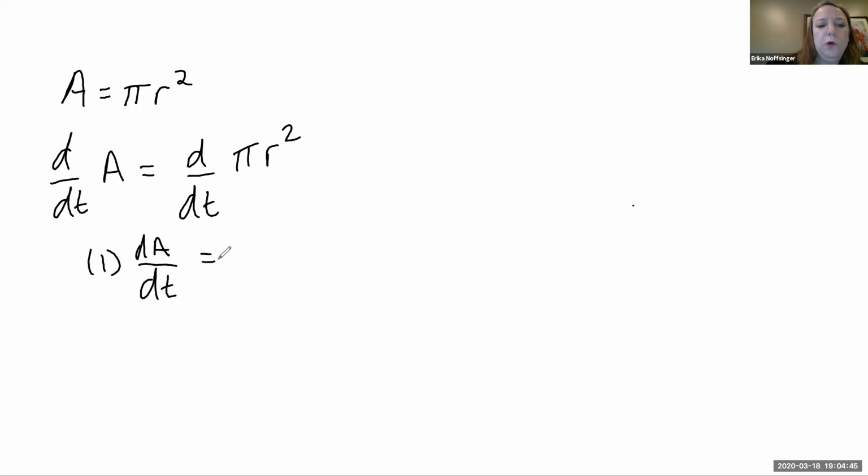It is equal to, and now I'm taking the derivative of r, which is with respect to t. Pi is just a constant, so I can keep pi out front, times the derivative of r squared. The derivative of r squared is just 2r, but r is with respect to t, so I have to put the dr/dt after it.